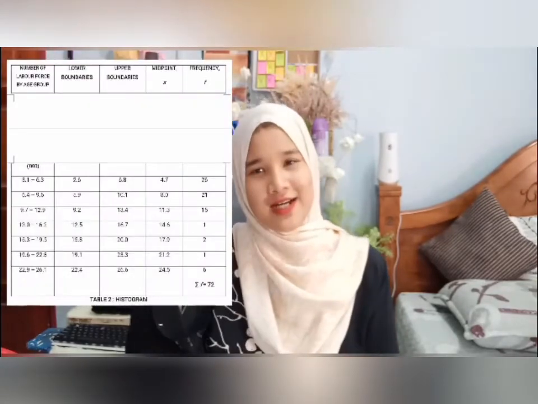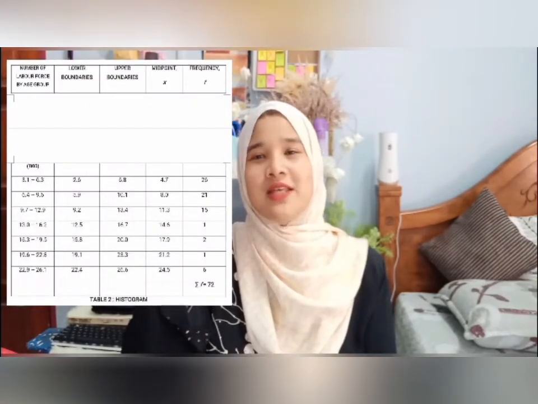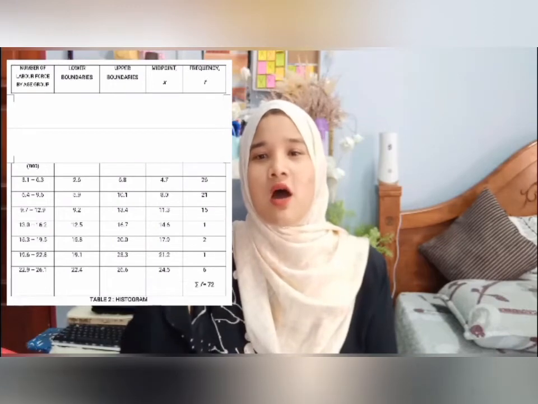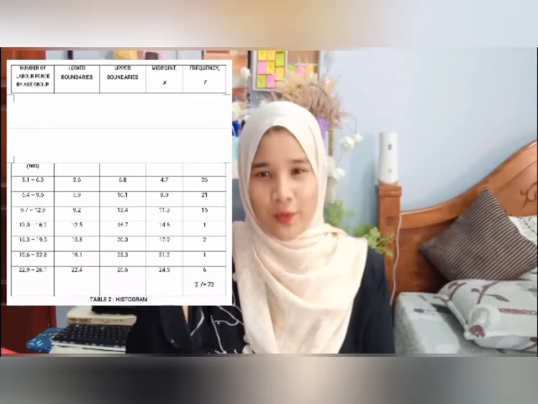A histogram displays the shape of continuous sample data. The table and graph shown below represent the histogram. So here, this is the table of the histogram of the number of labor force by each group.